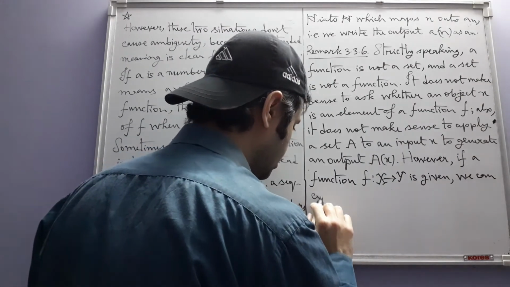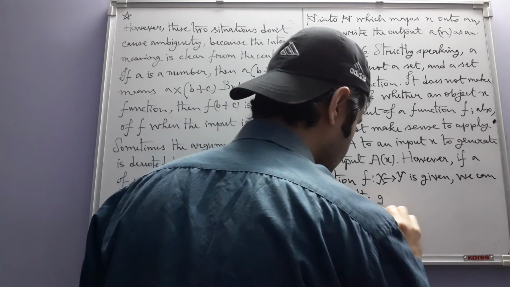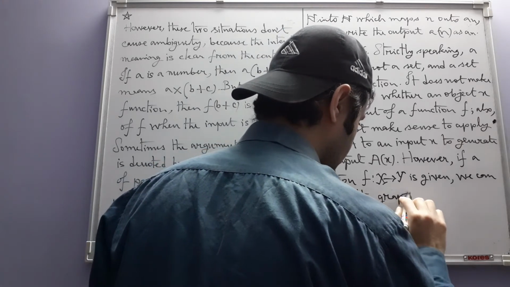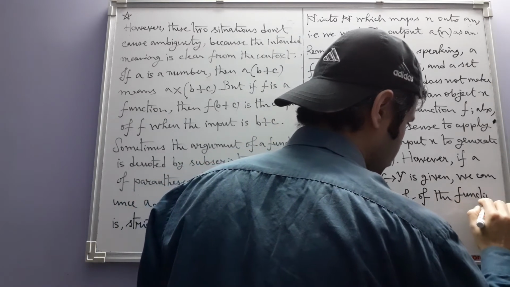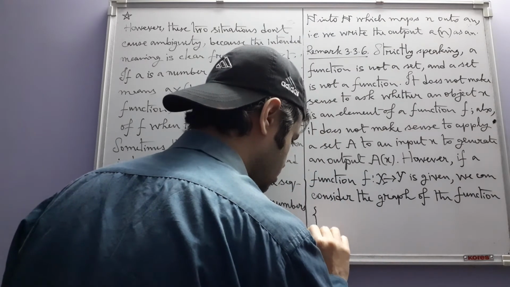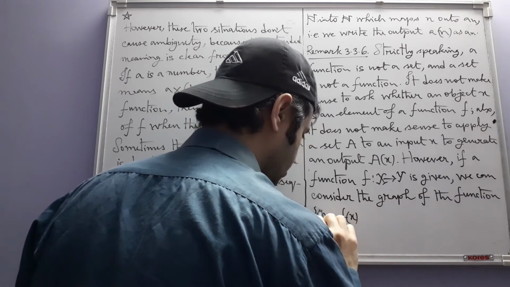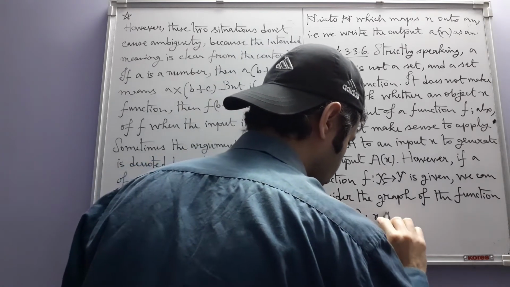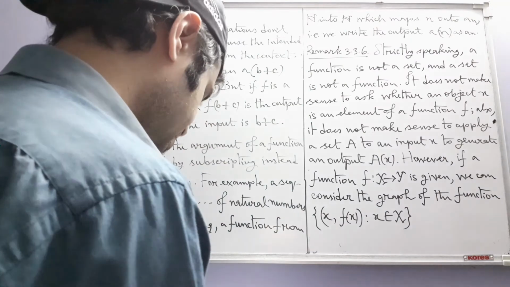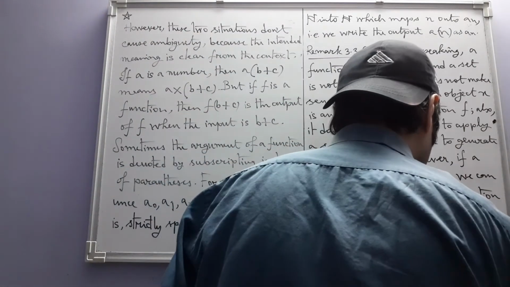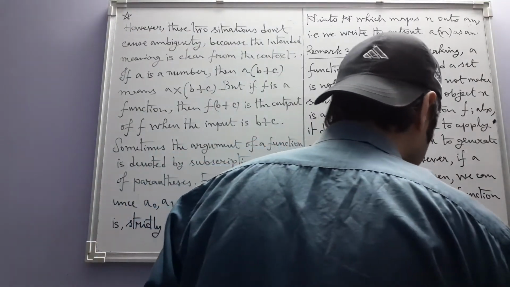We can consider the graph of the function which in general looks like this. And this we will see in section 3.5. So it's coming. This is section 3.3. In the 5th section, we will see that.